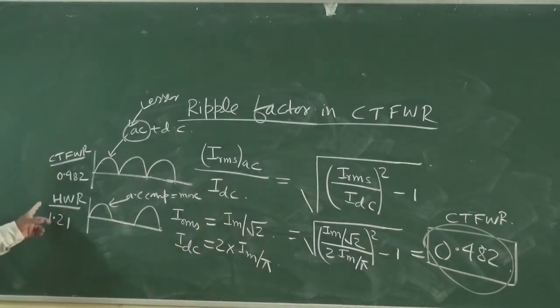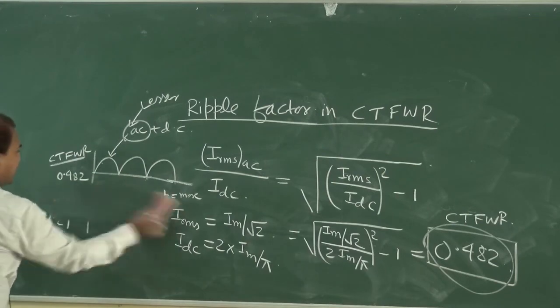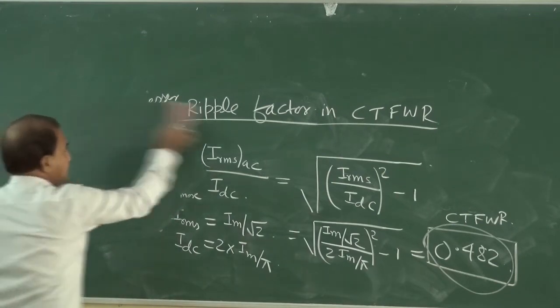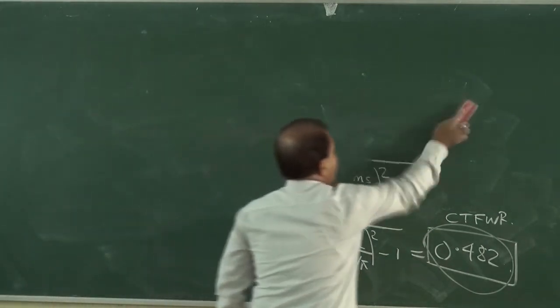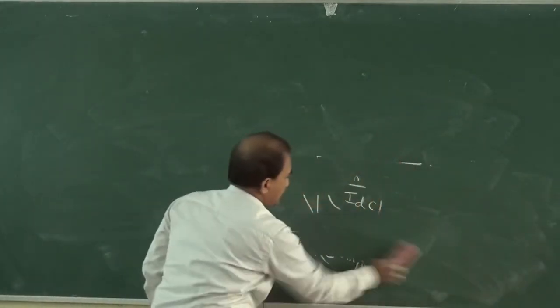That is why here the ripple factor is 1.21 and here the ripple factor is 0.482 only. So in this way we can calculate the various parameters in case of a center tap full wave rectifier.